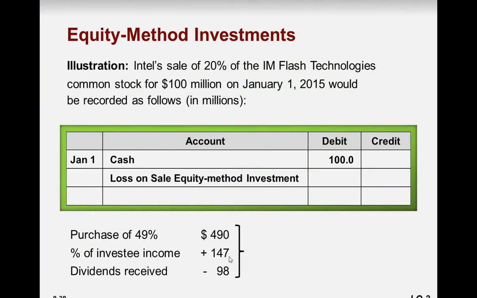They sold 20% of their 49%, subtracted out their dividends, take it times the 20%, their cost would have been 107 in their equity method investment, and so their loss on sale would have been the 7.8. So that's what you call plugging a number. You plug in the numbers that you know, and then you plug your debit or credit as needed to make your debits and credits equal in the transaction.